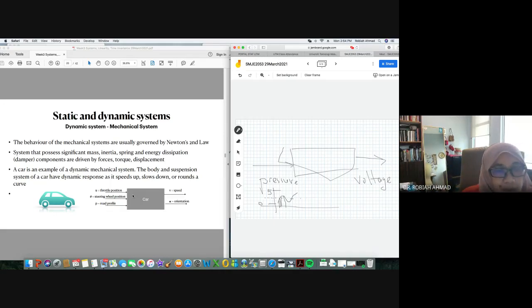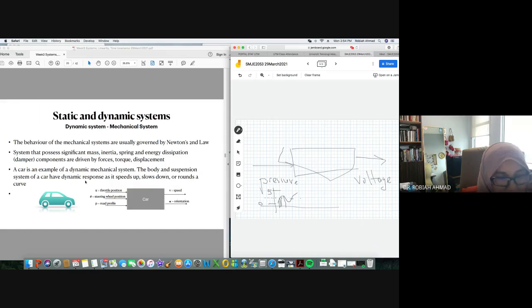So spring and energy dissipation components are driven by force, torque and displacement. So these are all the mechanical terms lah. Kalau kita dalam electrical, we have RLC, VI and so forth. So dalam mechanical, ada force, ada torque and ada displacement. A car is an example of a dynamic mechanical system.